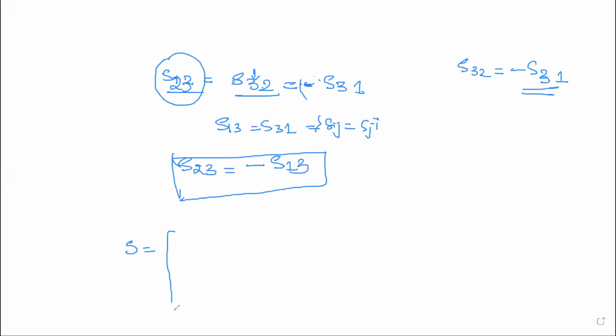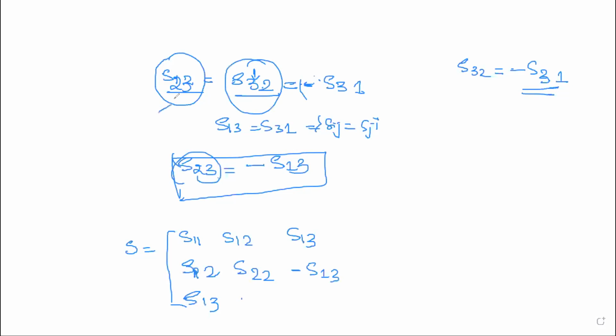So the S matrix will now be written as S11, S12, S13. This will again be S12, this will be S22. Here you actually have the value S23; instead of S23, I'll write it as minus S13. Similarly, this will be S13. This is again S32.